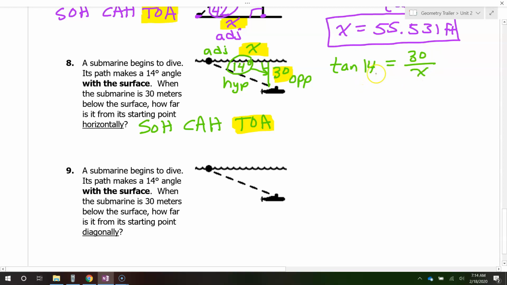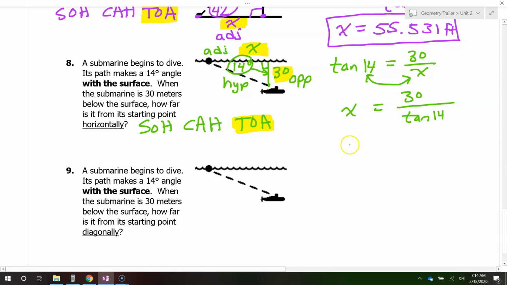Do we multiply, swap, or inverse? When the variable is in the denominator, that is when you swap. So the x is going to go over here, and then we will have 30 over tangent 14.